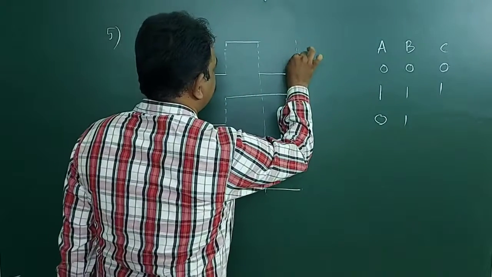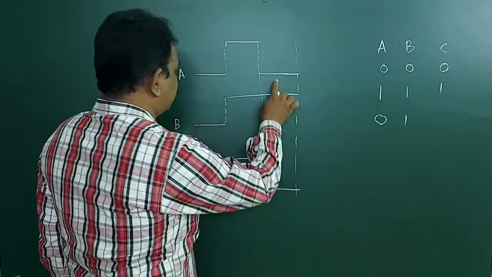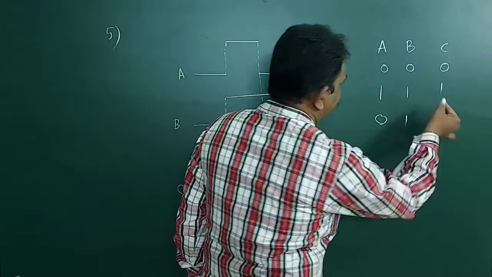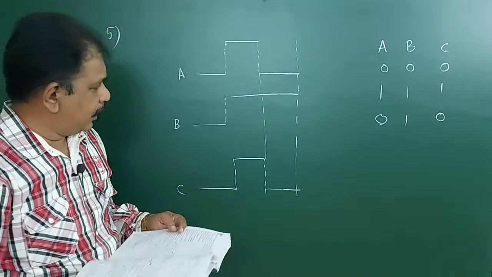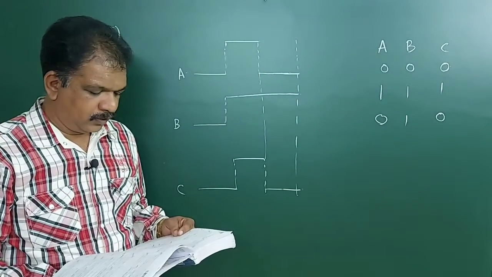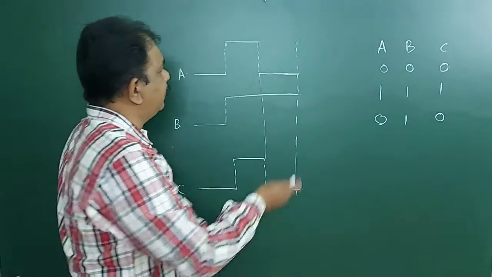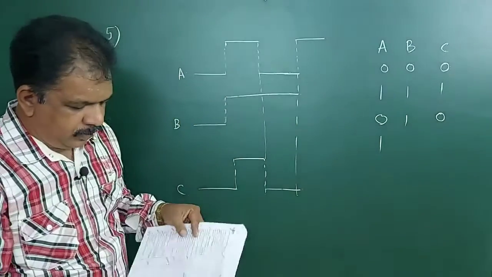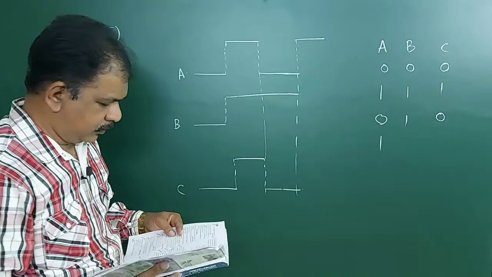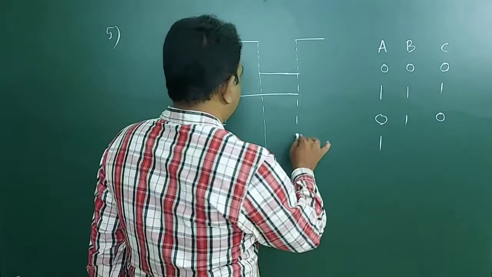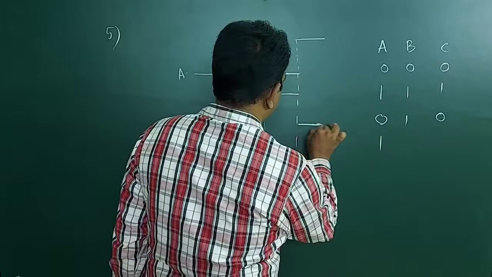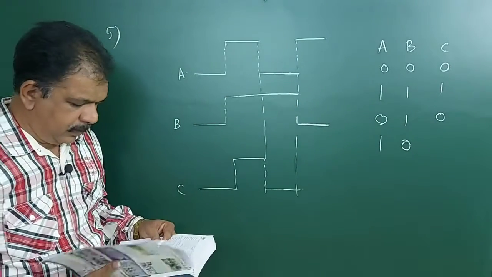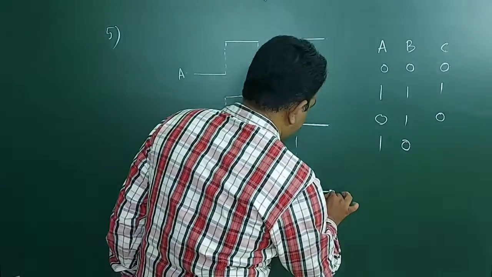So what is the third one? A 0, B 1, C value will be 0. Next, A value will be 1, B value will be 0. It will be like this. And C value will also be 0.